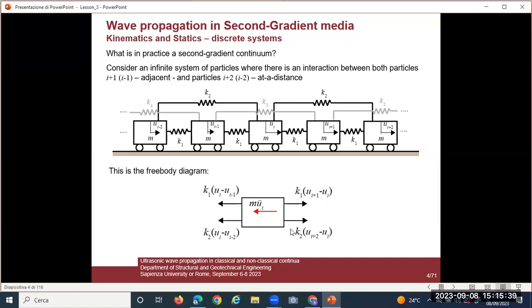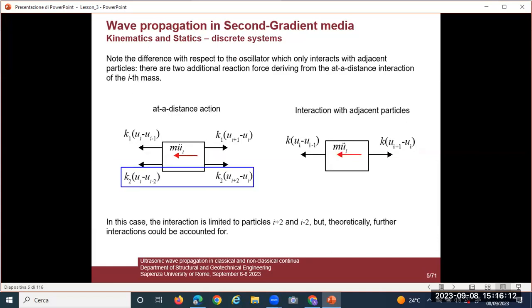Plus, you have these other forces due to the action of the springs, which depend on the relative displacement between the at-distance points. So the force is K sub 2, the stiffness, times u sub i+2 minus the displacement of the oscillator we are studying.